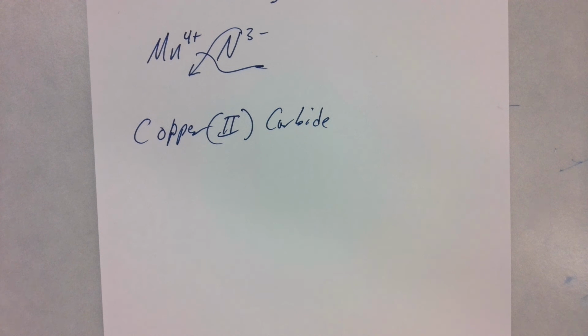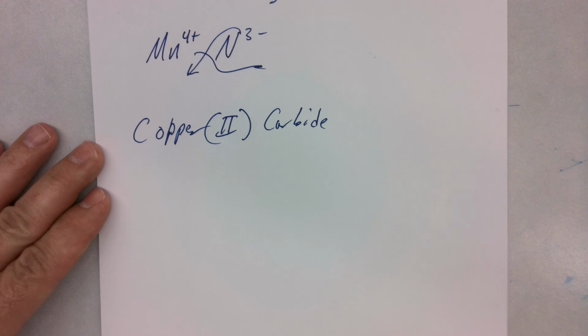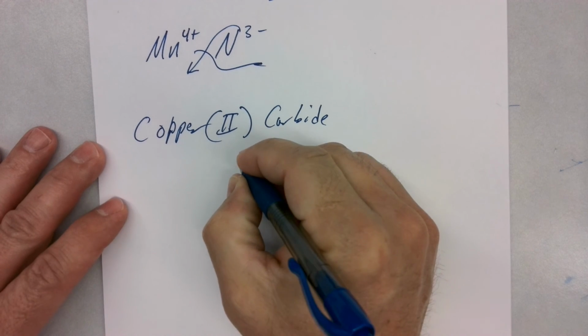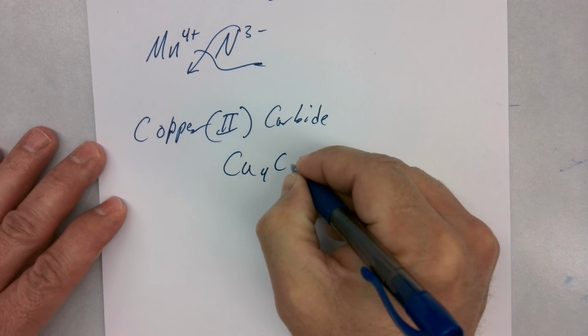Alrighty, so Criddle, I believe you were 2, right? Yeah, so I got Cu4 and then C2. Cu4, C2.